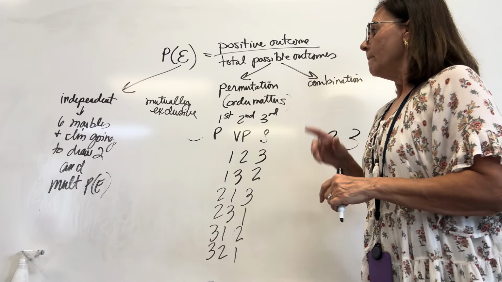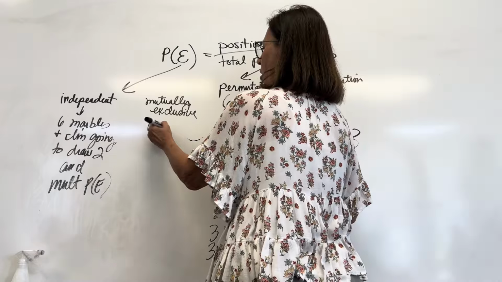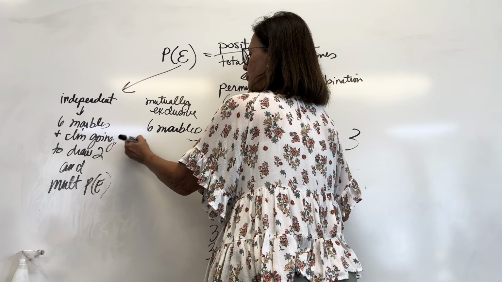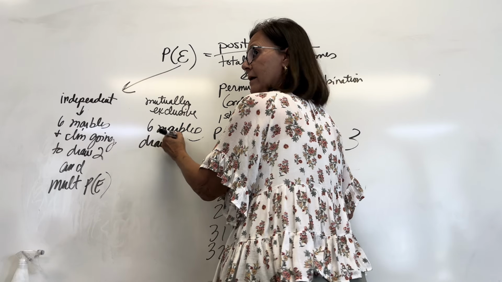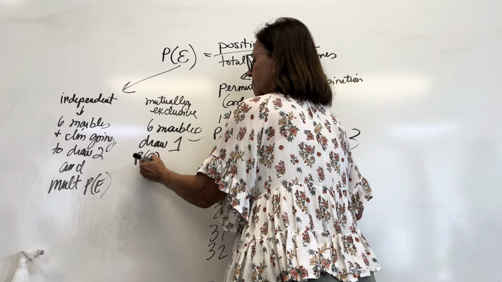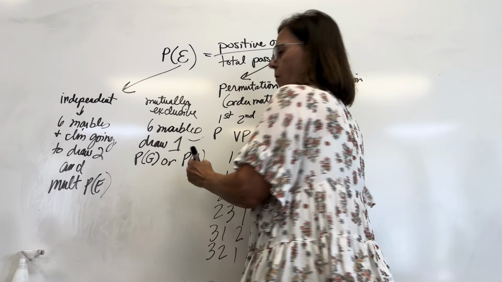All right, mutually exclusive. It says I have 6 marbles. I'm going to draw 1. What's the probability that I get a green marble or a yellow marble?